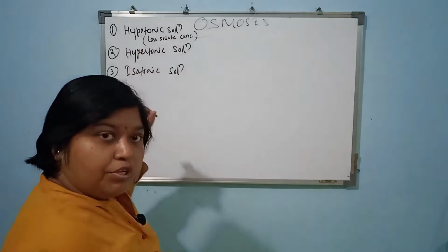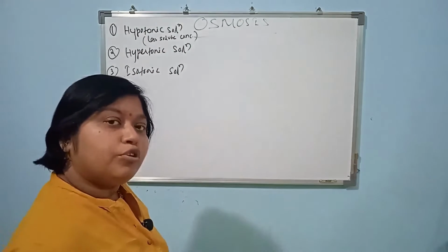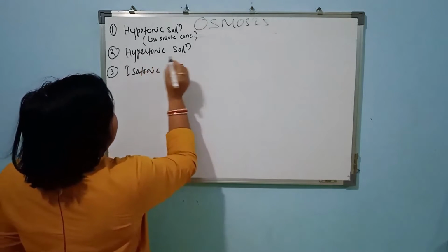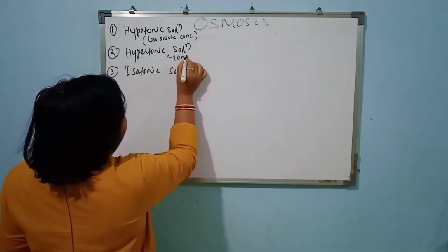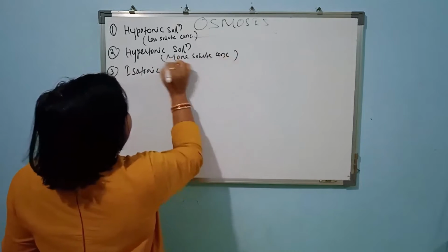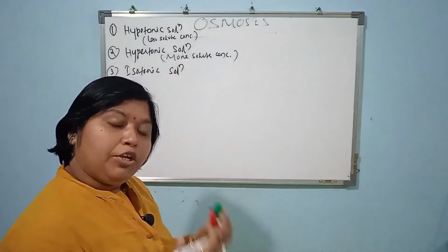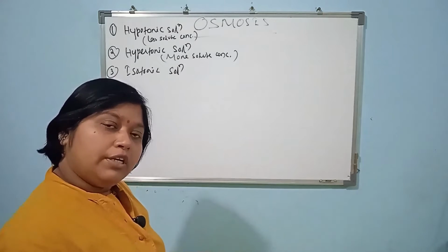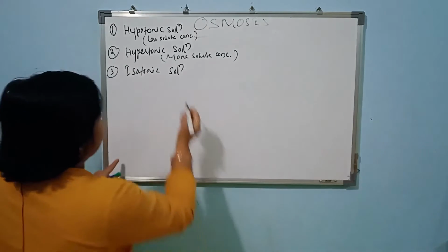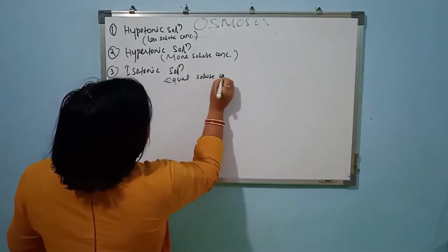If one solution has more solute concentration compared to the other solution or cell, that solution is named as hypertonic solution. So here you will find more solute concentration. In case of isotonic solution, you will find equal solute concentration in both this solution and the other solution or cell.